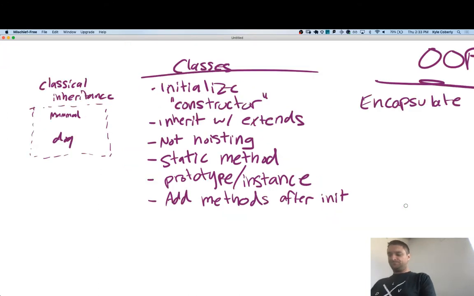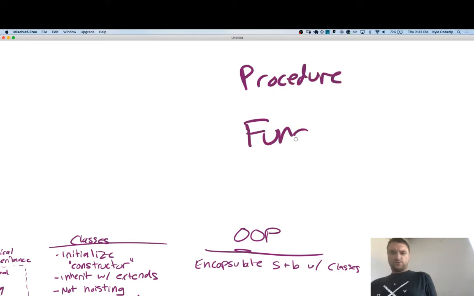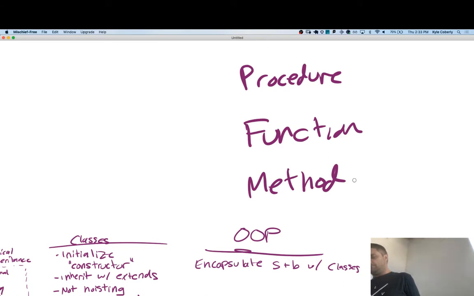Okay, so procedure, function, method. These are similar but not the same. We've been kind of using them interchangeably, but I think we're grown up enough to finally learn the difference.